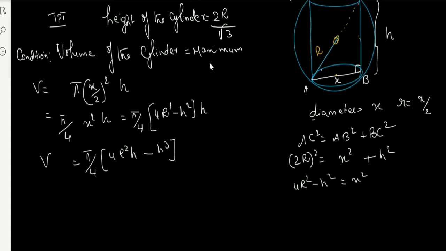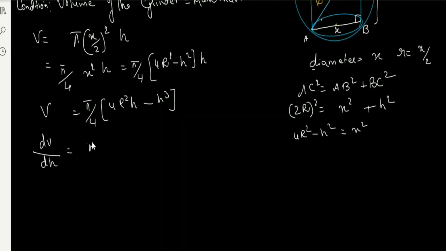So for maximum or minimum, we have to differentiate this volume, that is dV by dh we have to find. So pi by 4, 4r square, differentiation of h is 1, minus 3h square. So we have to find the critical points.